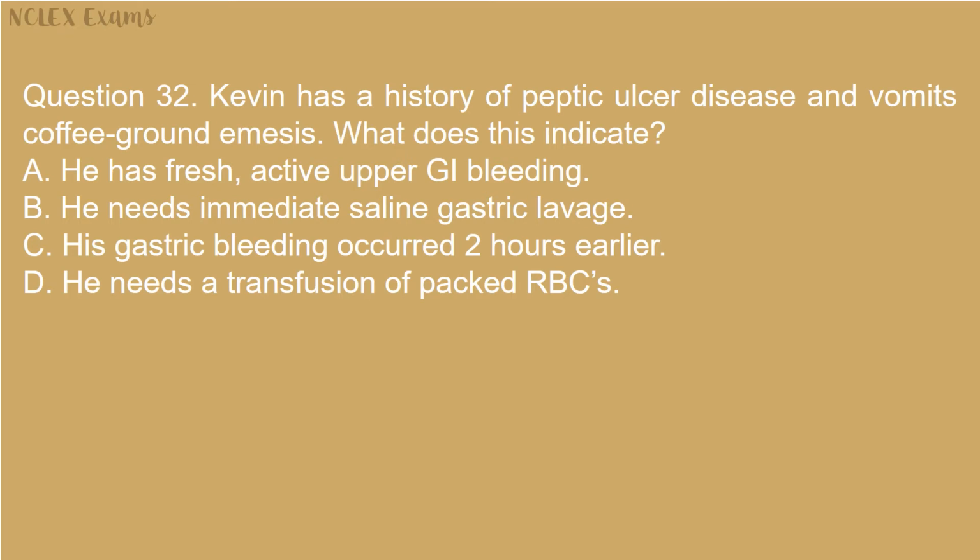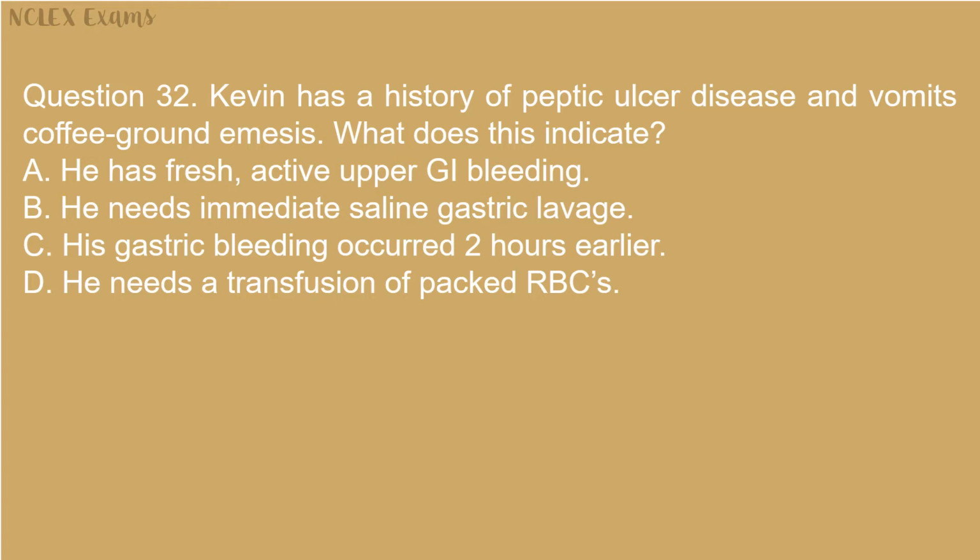Question 32. Kevin has a history of peptic ulcer disease and vomits coffee ground emesis. What does this indicate? A. He has fresh, active upper GI bleeding. B. He needs immediate saline gastric lavage. C. His gastric bleeding occurred 2 hours earlier.